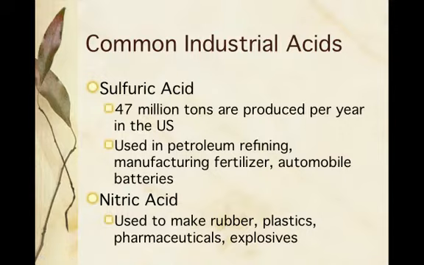Some common industrial acids. So sulfuric acid, 47 million tons are produced per year in the U.S. It's used in petroleum refining, manufacture of fertilizer, and automobile batteries. So that's probably the largest production of acid.